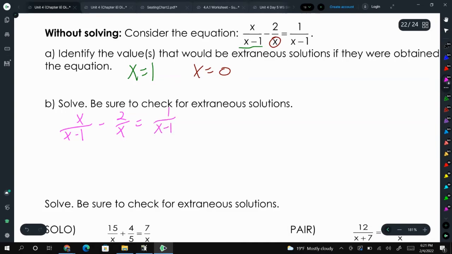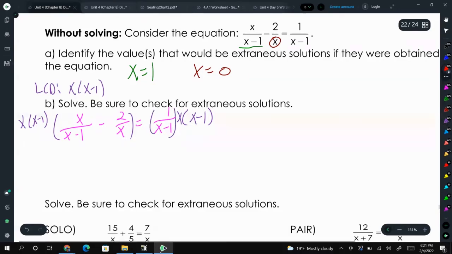Our LCD is going to be x times x minus 1. So I'm going to multiply everything by that. And again, cancel things off. And remember, this has got to go to both.